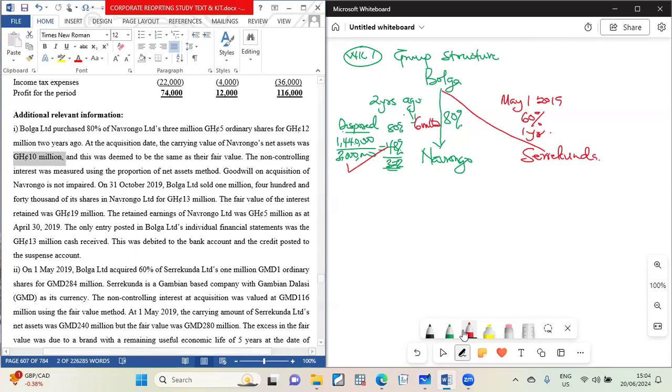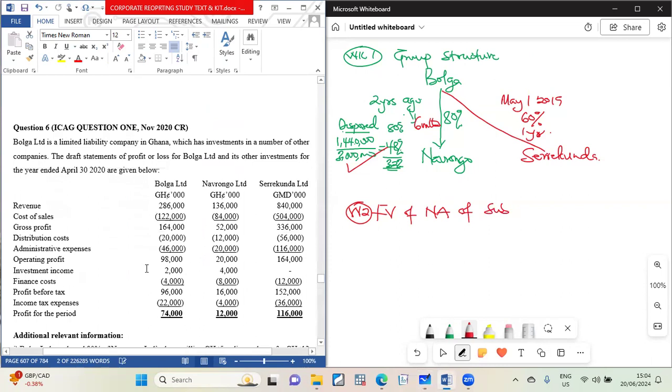So if we were to do our workings 2, we would have done fair value of net assets for these two. Fair value of net assets of SAP. And please don't forget, we have to put 3 zeros at the top. Yes, we have to. Everything is in 000.